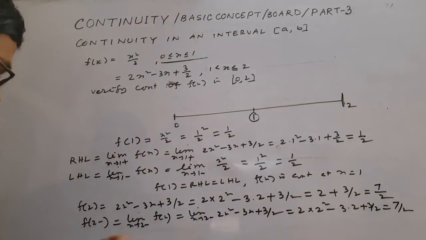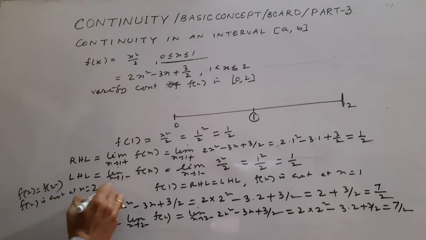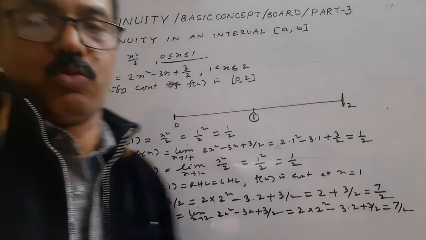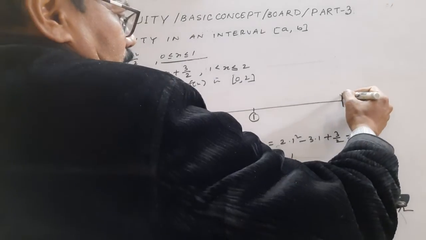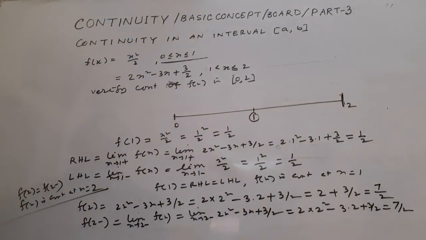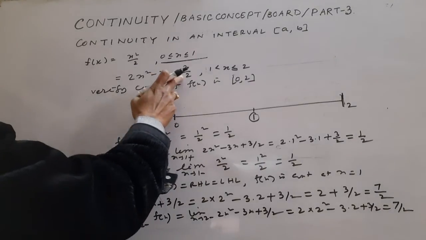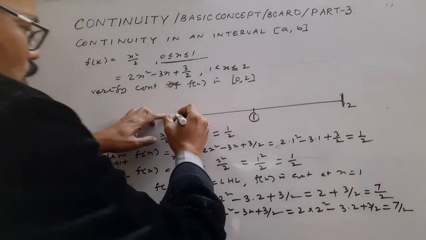So what is our conclusion? f(2) equals to f(2) minus. So f(x) is continuous at x equals to 2, the right end point. So actually no need of verification at the end point. It will obviously be continuous because they will lie in the same restriction.